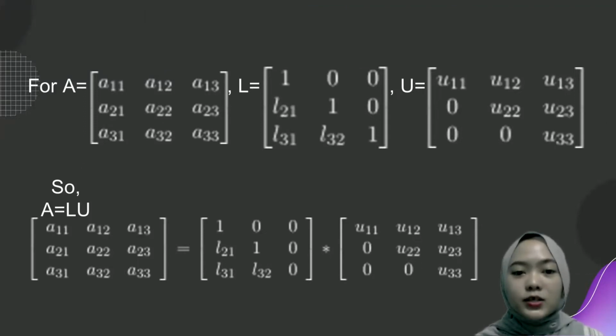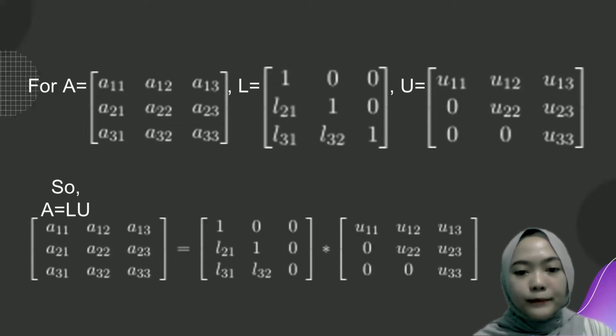That means it has ones on the main diagonal, and the lower part has entries with any real numbers. And the matrix U is called an upper triangular matrix. So it can have any real number entries on or above the diagonal of the matrix.